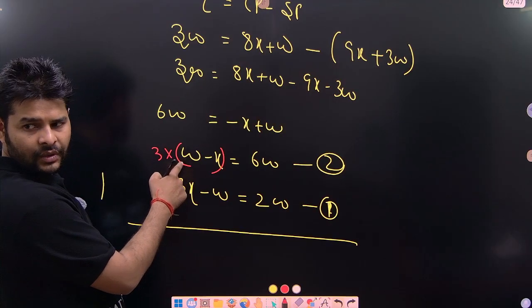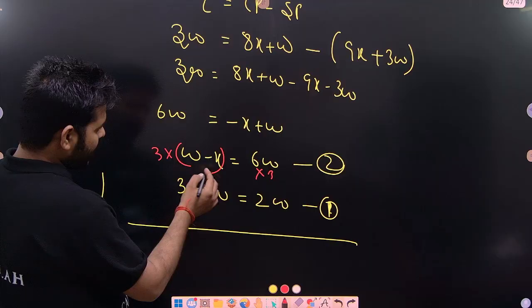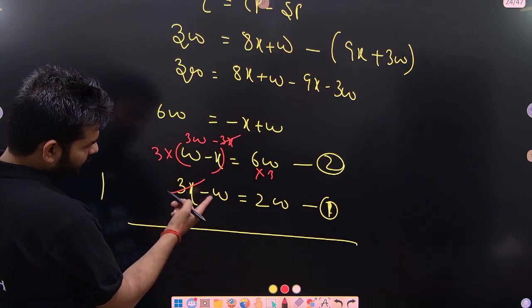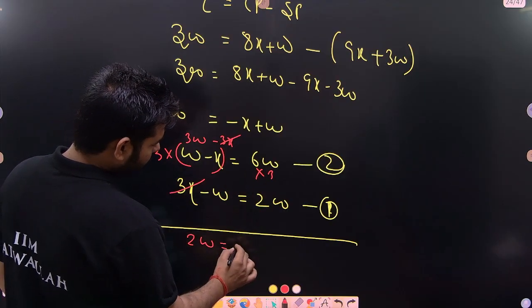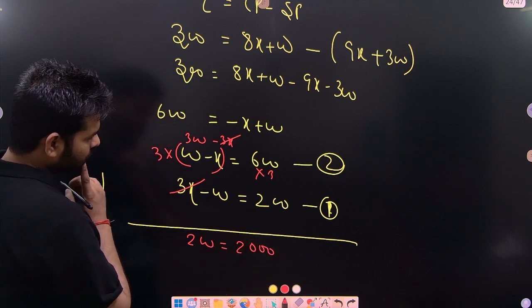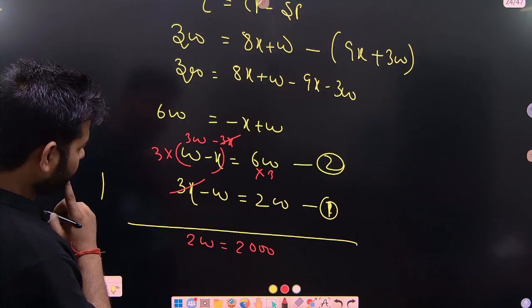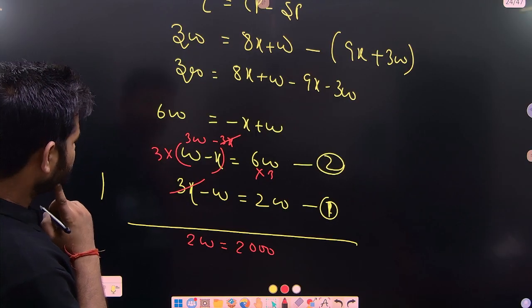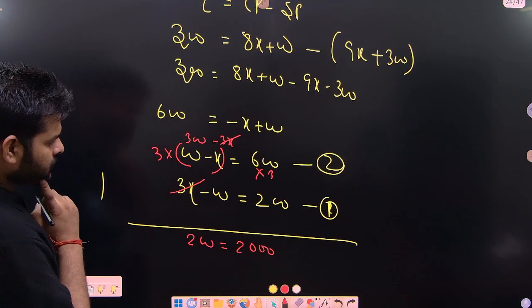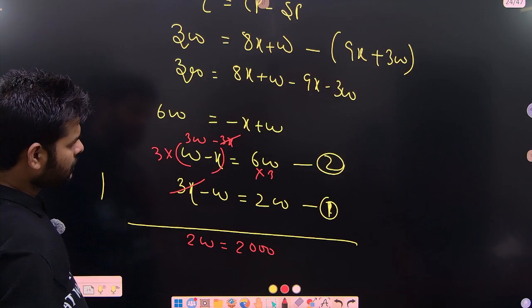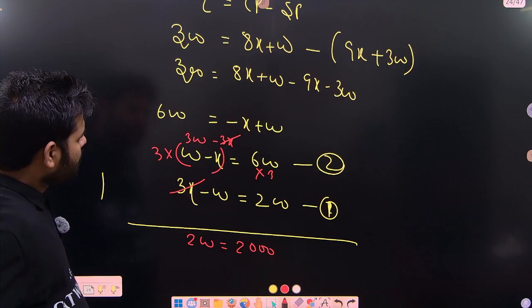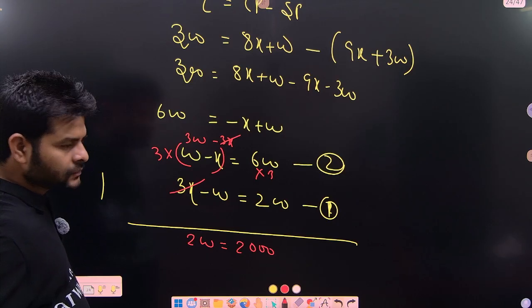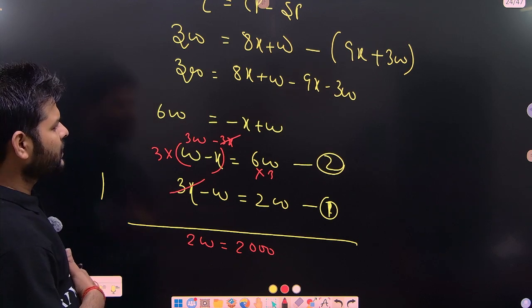That gives 3W minus 3x, so 3x cancels out 3x. 3W minus W would be 2W, and that would be 2000. Directly we can cancel out x.